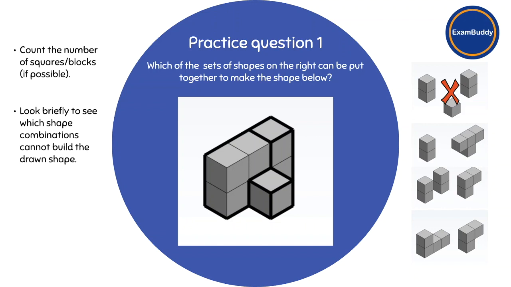Look at our answers. The second image cannot possibly form this shape. So now we're left with 2 possible answers, which has narrowed it down by 50%. So we're going to go through a quick video now to talk through how to work out which of these answers is correct.